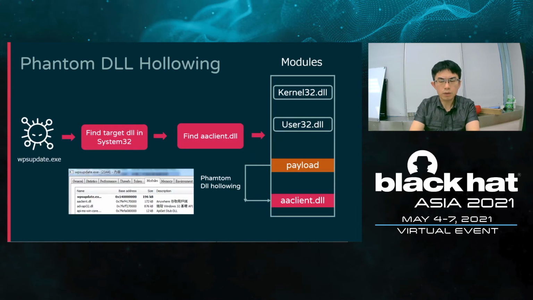This photo shows the workflow of the phantom hollowing technique. The essence of this technique is to find a target DLL in the system directory whose .text section is big enough as the host of the payload shellcode. The injector component will call NtCreateSection and provide the flag SEC_IMAGE as its parameter.